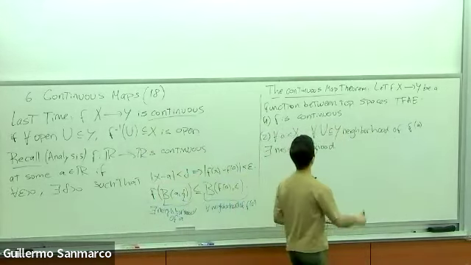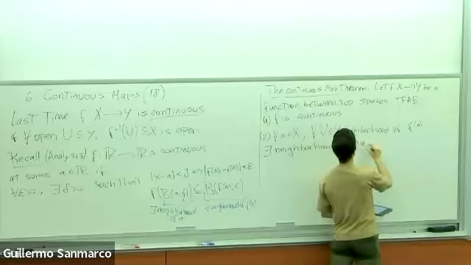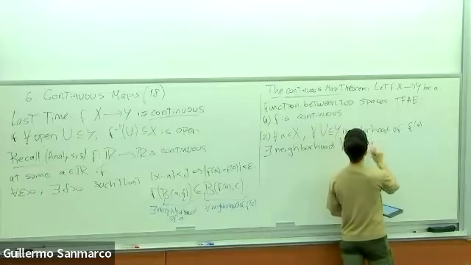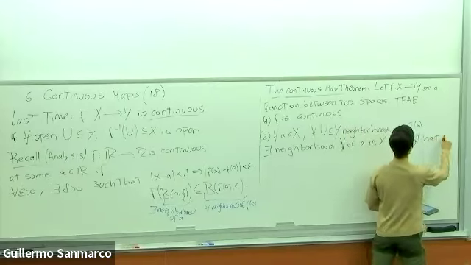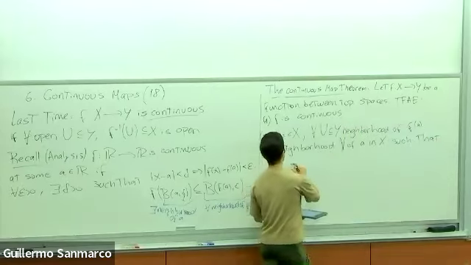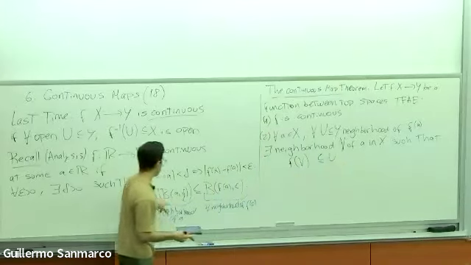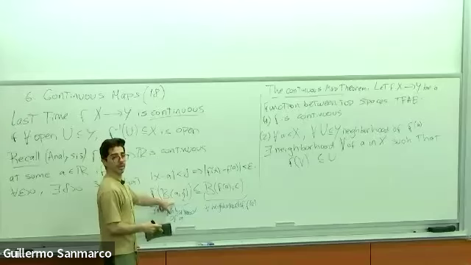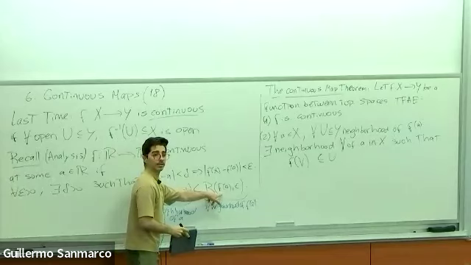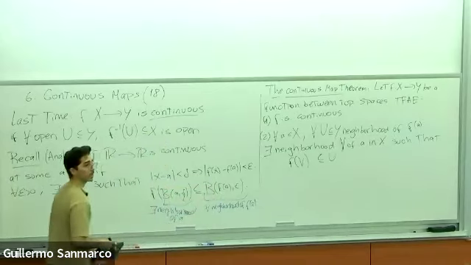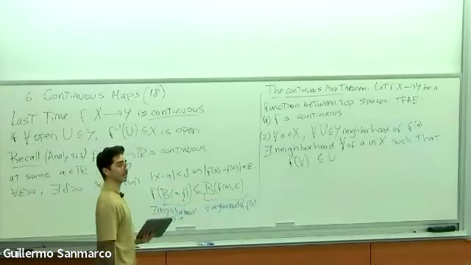So for every U a neighborhood of f of a, there exists a neighborhood, let's call this one V, V of a in X, such that f of V is a subset of U. The image of an arbitrary neighborhood's preimage is inside the neighborhood of the image. Can you redefine what TFAE stands for? The following are equivalent.